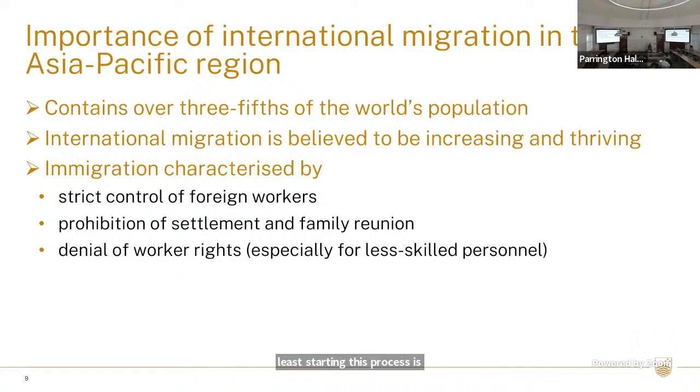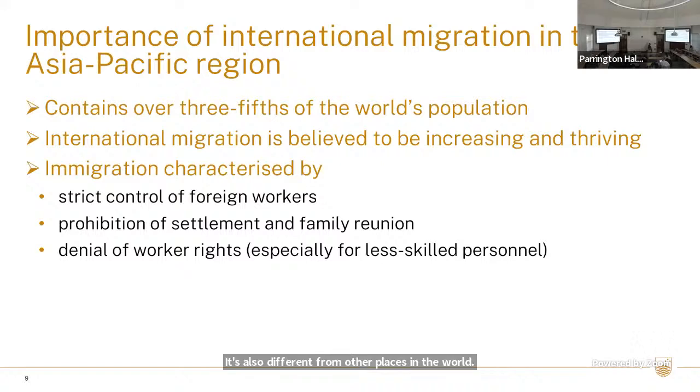The Asia Pacific region contains over three-fifths of the world's population. International migration is going to be increasing and thriving. There are lots of academic articles on this, but we don't have any of the numbers to benchmark its relative importance. It's also different from other places in the world.